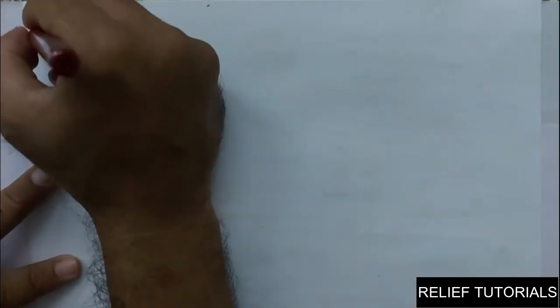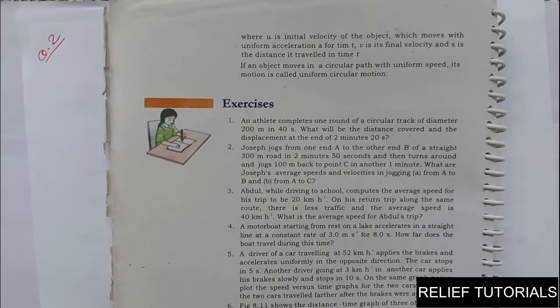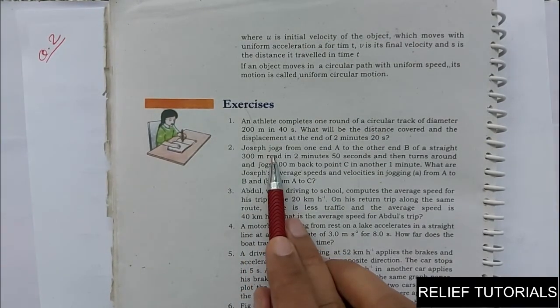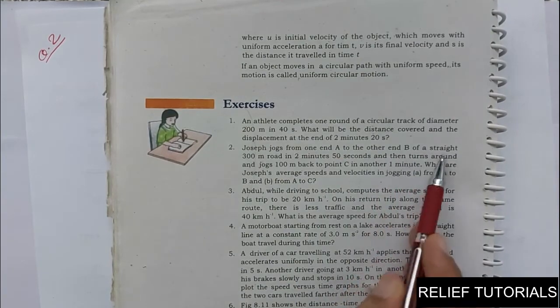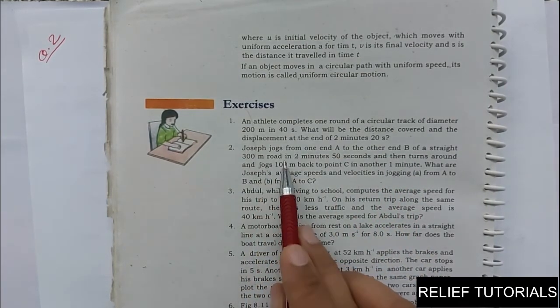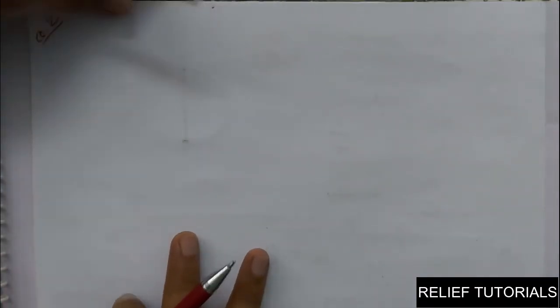Question number 2. Read that question. Joseph jogs from one end A to the other end B of a straight 300 meter road. So Joseph is jogging on a straight path.